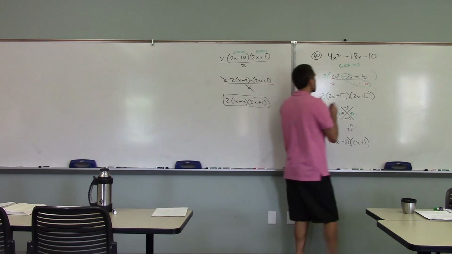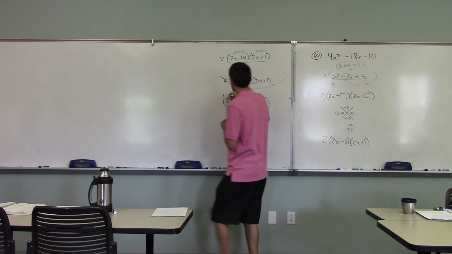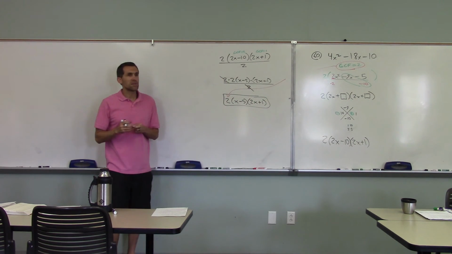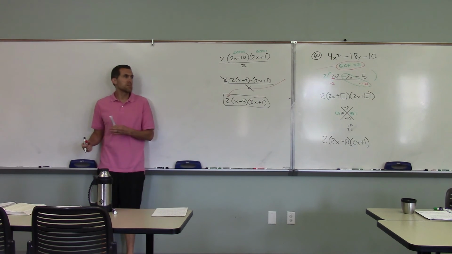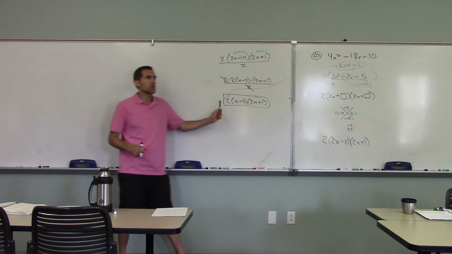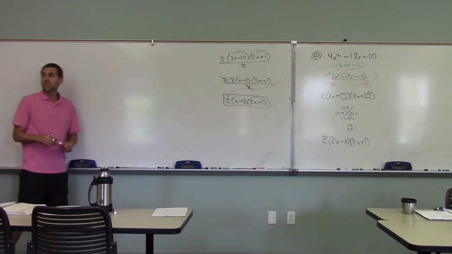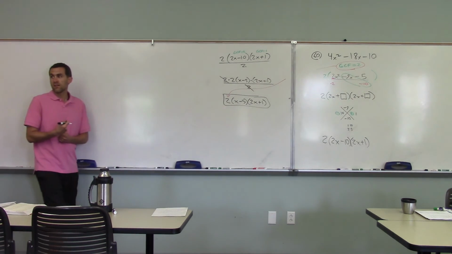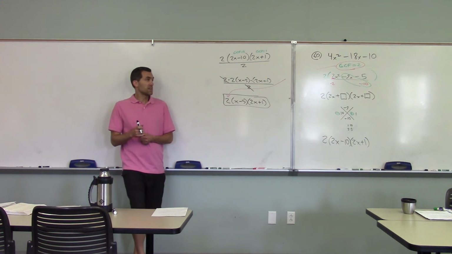Whatever you take out here as your greatest common factor will absolutely for sure show up at the end, because it was in common with the whole thing. You took it out. It's being multiplied by the whole thing, so it should always be there at the end. So I literally kept that 2 out until the very end. And then I just put it back in. Is that gonna be wrong at all?